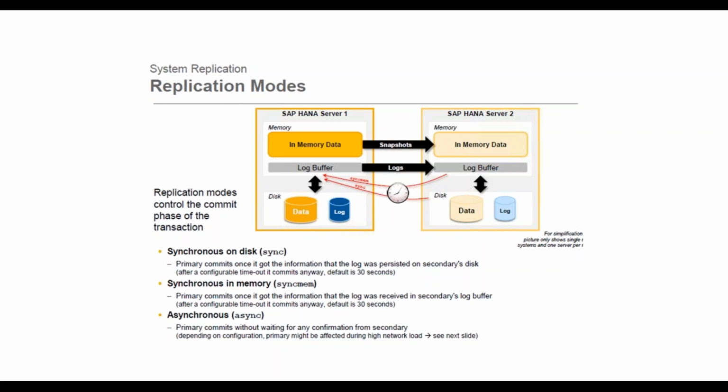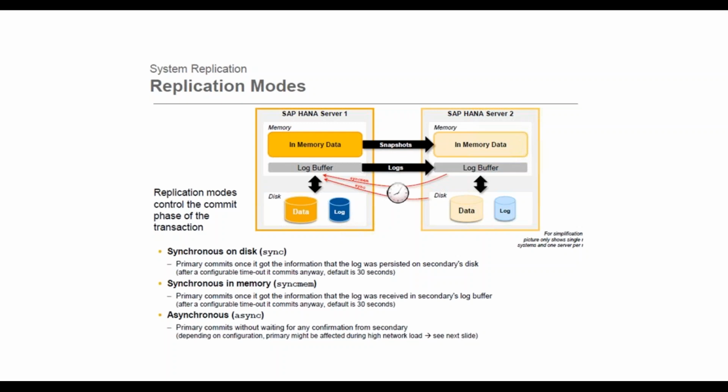So to cut down the time, they have synchronous in memory. What happens in that case is, in the primary, as usual, data will be written into the buffer and then into the log segment. Data will be sent to the secondary.